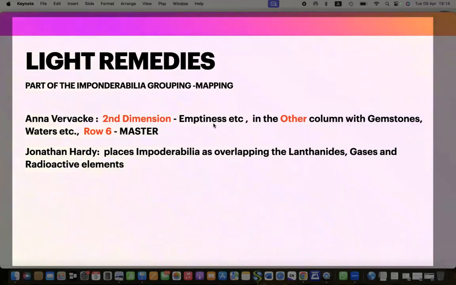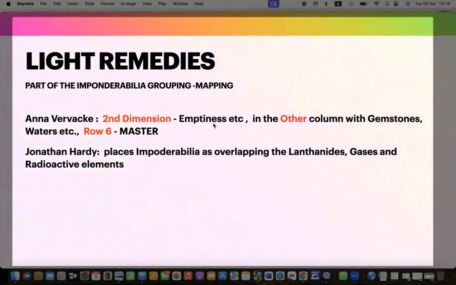Okay, so let's look at the light remedies and where they're placed in our materia medica. Anna Favaka puts it second dimension, emptiness. So it's not the light remedy she's placed, it's imponderabilia. So second dimension, emptiness.